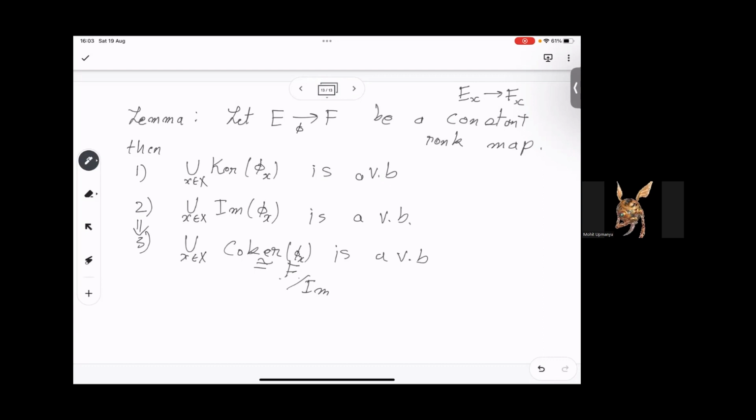Now for every point we have a vector space homomorphism, so for every point we have a rank. What I'm demanding is that for every point, that rank is equal. That's what I mean by constant rank map. The map between the fibers, Ex to Fx, has the same rank. Doesn't matter where it is.